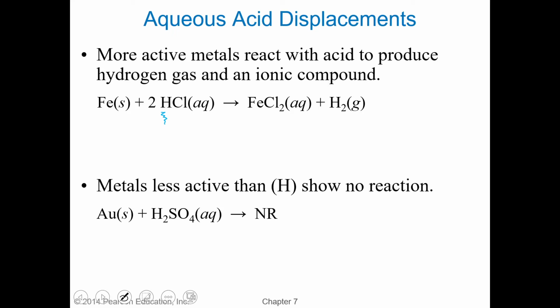If the metal is higher than the hydrogen on the chart, then it will go ahead and react, and it'll kick off the hydrogen, but this time hydrogen will not precipitate out as a solid. It will reform into its free state, into its diatomic form as a gas, and this is where we get bubbles. You would see bubbles forming if this is going to react. Metals that are less active than hydrogen, meaning lower than hydrogen on the activity series, will get no reaction.